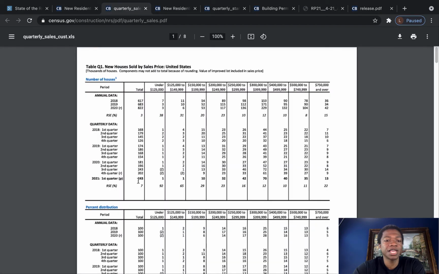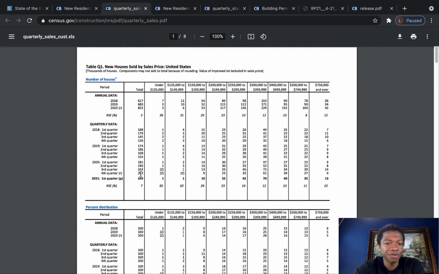So we can see that in the first quarter, actual sale of new construction homes in thousands of houses, we had 243,000 homes sold in the first quarter of 2021. If we look at the first quarter of 2020, we were only at 181,000, which was actually up from 2019, 174,000.